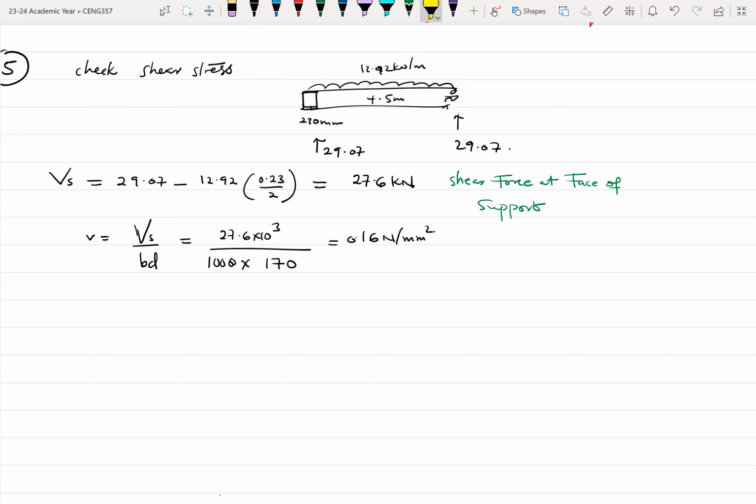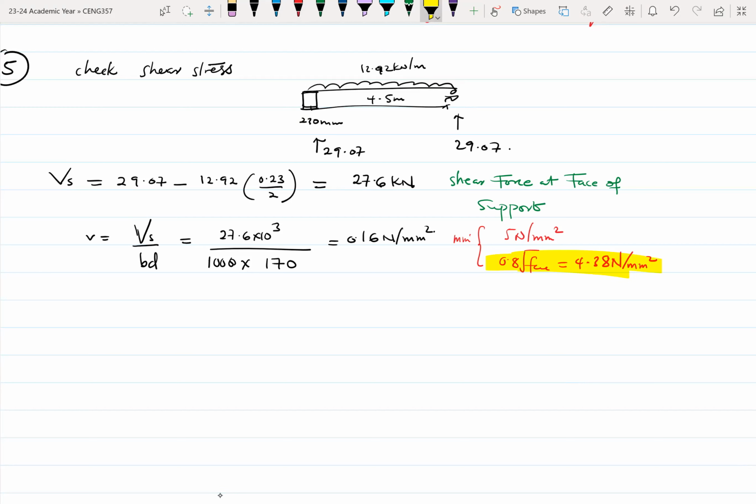Again, check if this is less than the minimum of 5 newtons per millimeter squared or 0.8 square root of fcu. The square root of 30 times 0.8 gives us 4.38 newtons per mm squared.